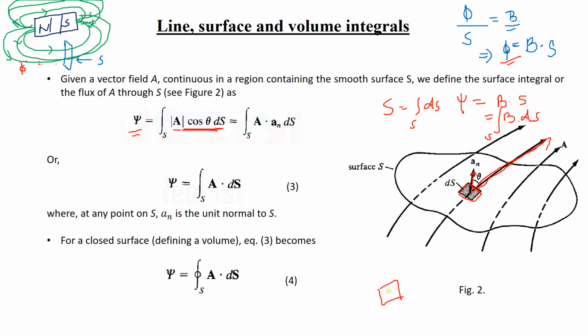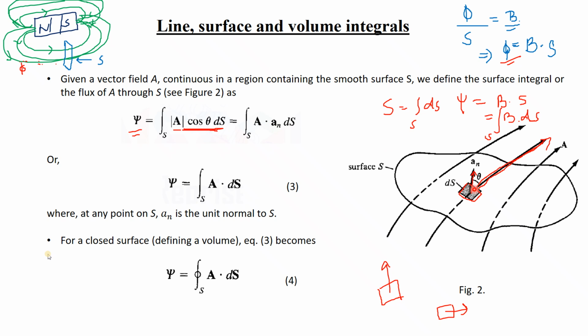The unit vector of the area is always perpendicular to the surface, as I have already told you. This is the normal vector, and the angle it makes with respect to the vector A is theta. That is why it is written as A cos theta ds.